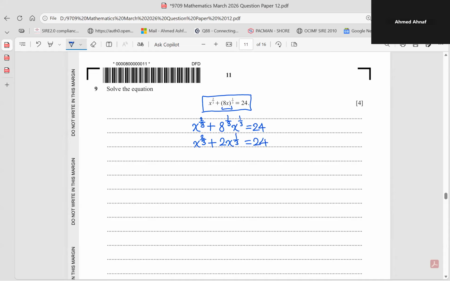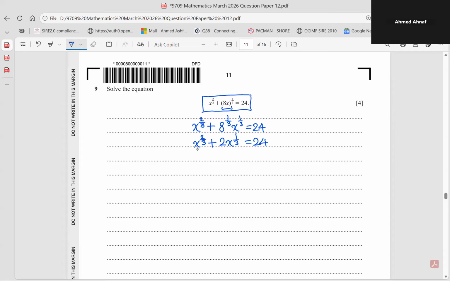Okay, so now the question is, how do we solve this equation? Well, let's try to manipulate it into some sort of quadratic. To do that, just look for a term where you can factor out a 2, and if you factor it out, the power would be the same as the power of the other terms.